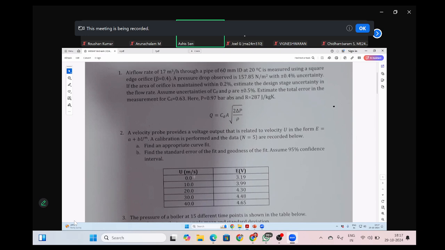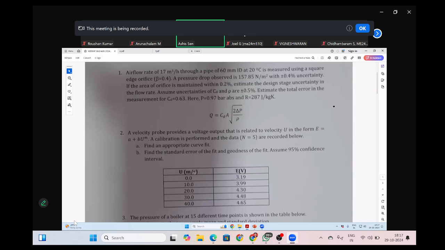So this is the velocity and this is the corresponding output voltage. When the fluid is at rest, you get an output of 3.19, and as you have higher and higher velocity, the output voltage is increasing.